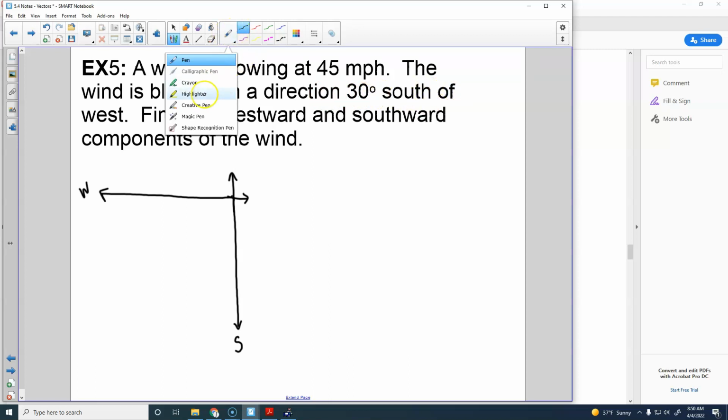When we read that, west is our main direction. That's the side we're actually going to touch with our angle, and we'll go 30 degrees to the south of that. So that 30 degrees will be here. And the speed at which that wind is blowing is our magnitude, so that's 45 miles per hour.